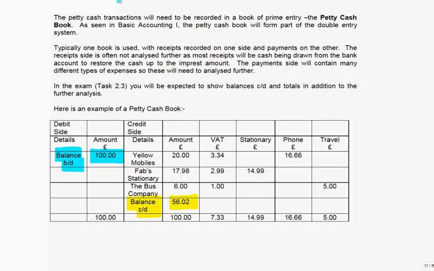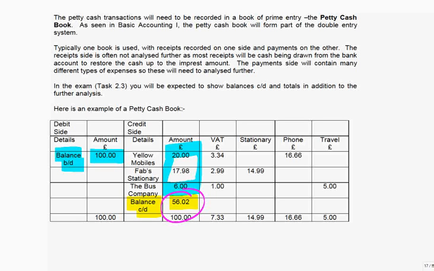They then go through and incur these expenses. So if you were to take the 100 less the 20, the 17.98 and the 6, that then leaves you with 56.02.